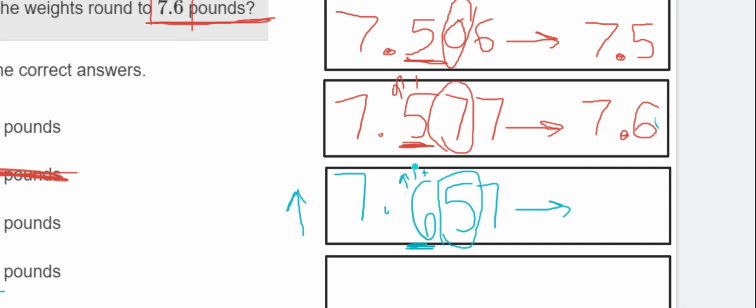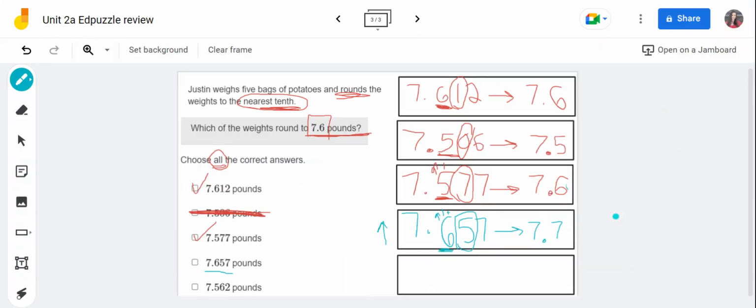So what's 6 tenths plus 1 tenth? That's right. That 6 is going to become a 7. So it rounds to 7.7 or 7 and 7 tenths. Now, 7.7, is that the same as 7.6? No, it is not. So I can cross that one out because it did not round to 7 and 6 tenths.